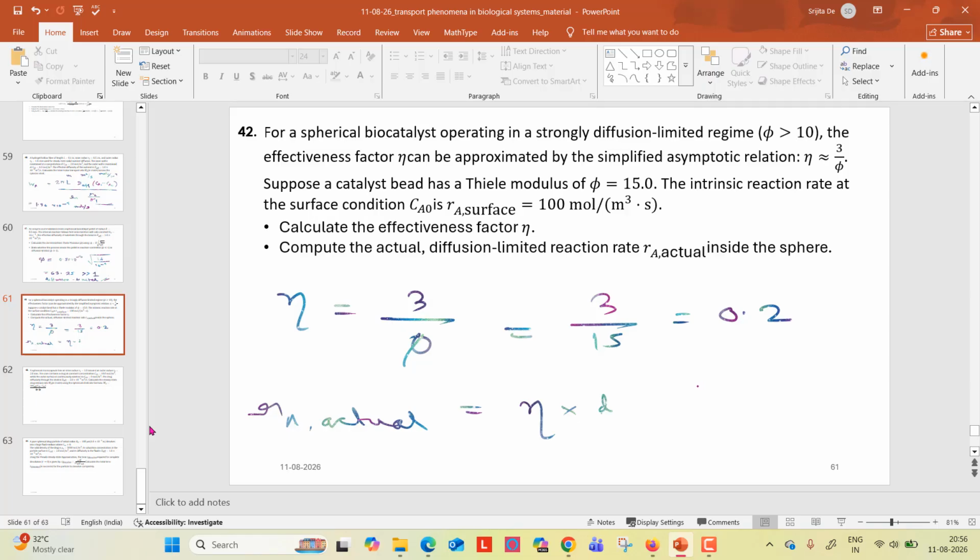Reaction rate at surface is given. So it is coming as eta 0.2 into 100. So it is coming as 20 mole per meter cube second. Okay. This is your actual diffusion limited reaction rate inside the sphere.